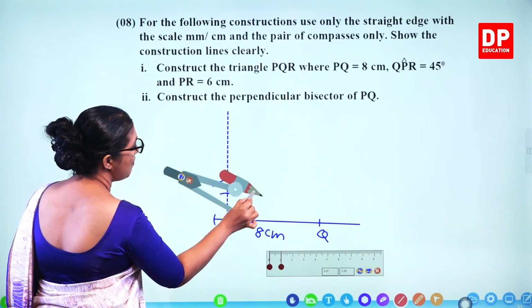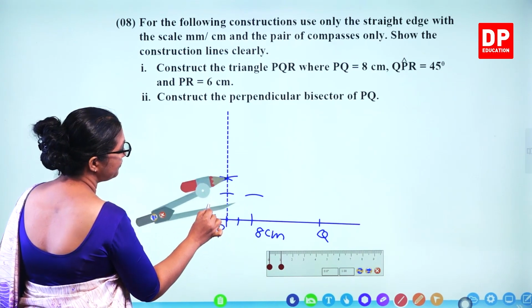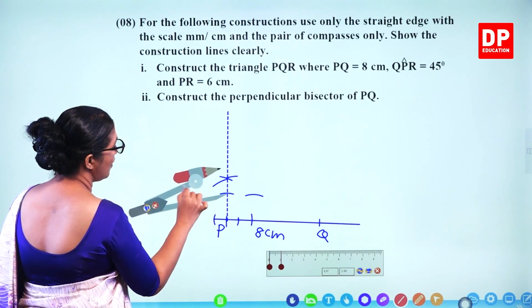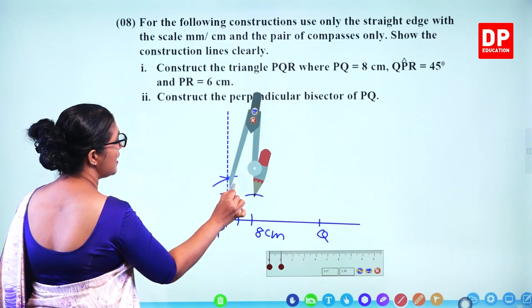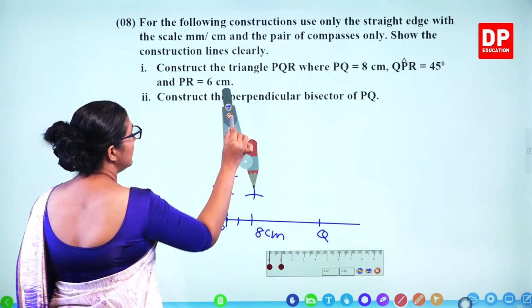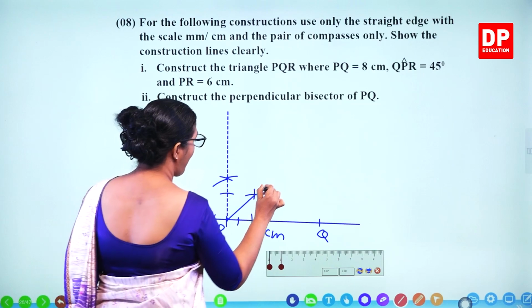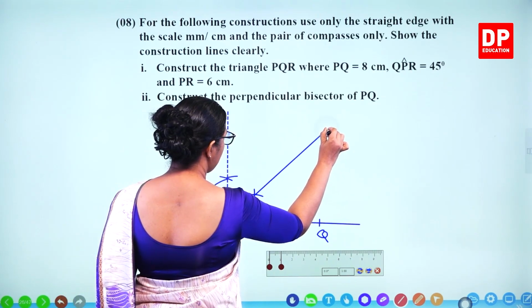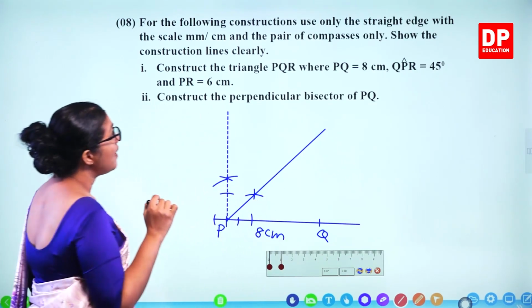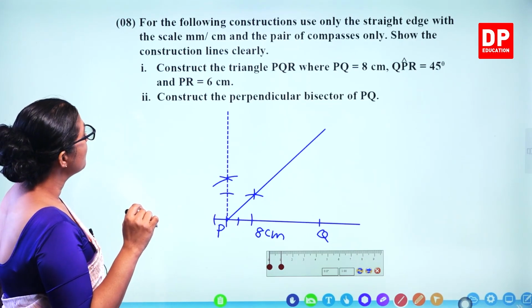We are basically bisecting the angle. You get 45 by bisecting 90 degrees. Now we can draw the line. That's 45 degrees. And then what you do?